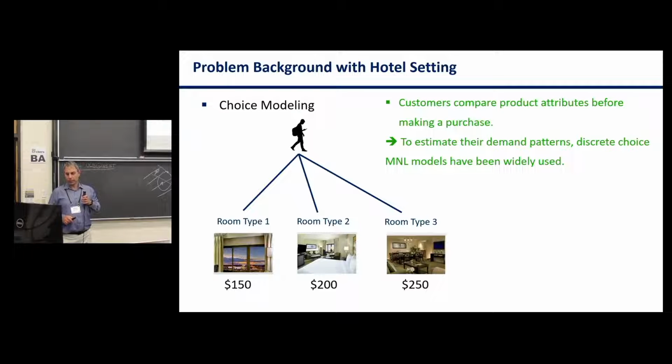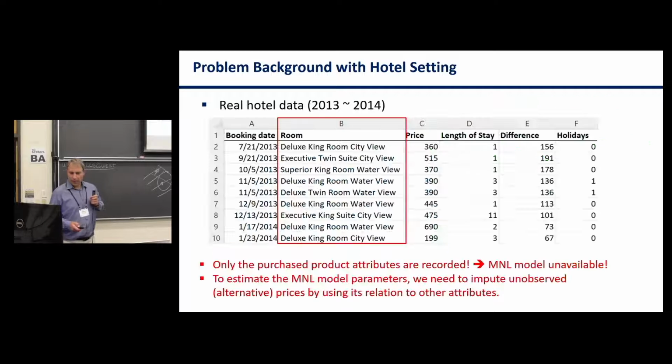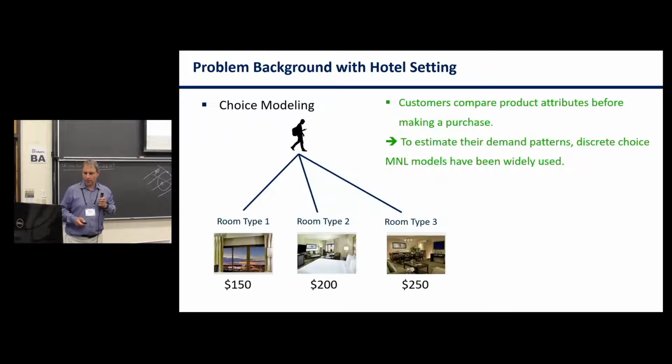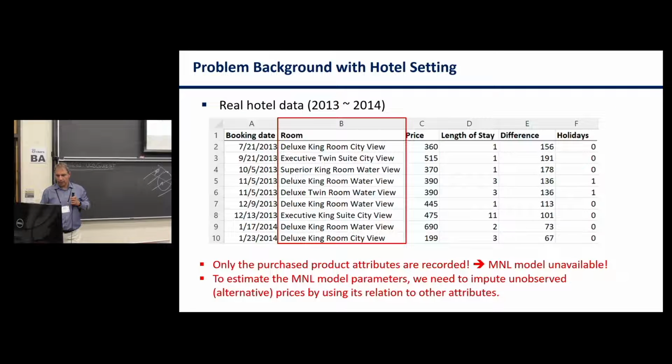You have a customer of a certain type, let's say a single traveler, a backpacker, and he is given a choice of 3 rooms at certain prices, and he chooses some specific room, based on the attributes of the rooms that we know. So this is a more specific example.